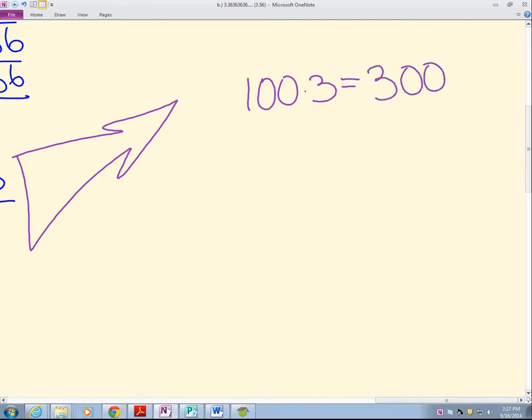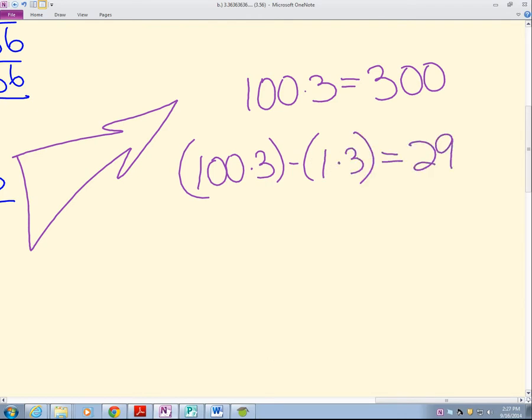But the thing is, we just did the distributive property here. So we had 100 times 3 minus 1 times 3, which equals 297.